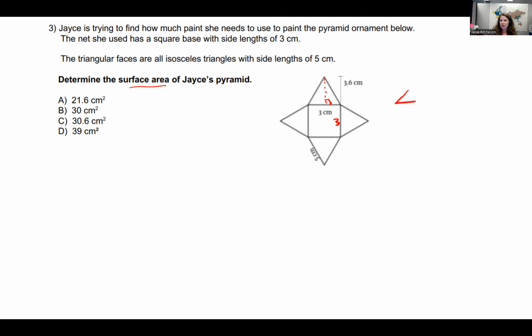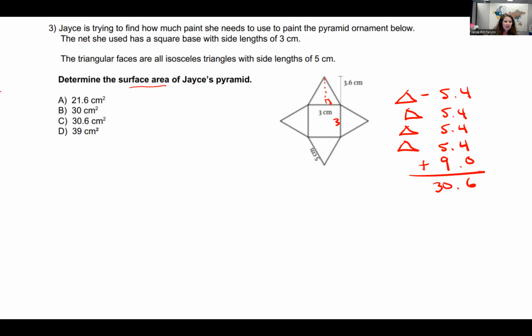So there are 4 triangles, and each of them has an area of 5.4, plus the area of the square in the center, which is 9. If we add all that together, 5.4 times 4 plus 9 is 30.6. 30.6 is C.